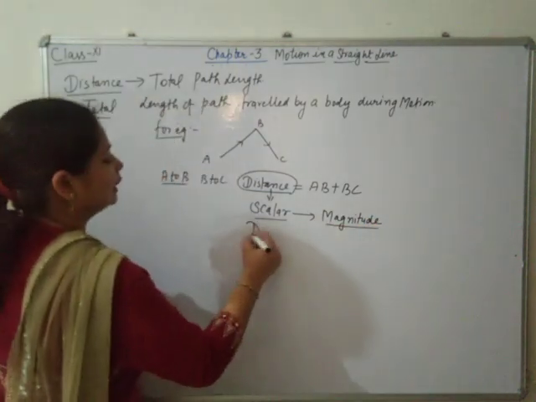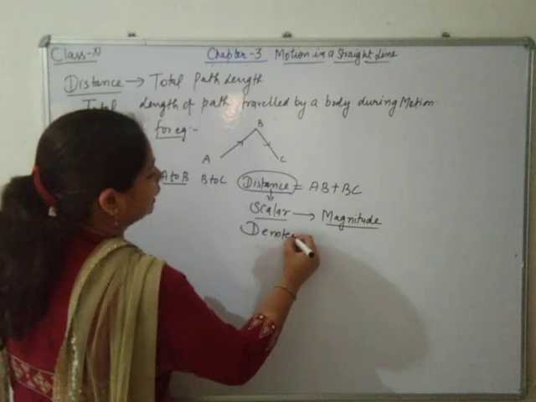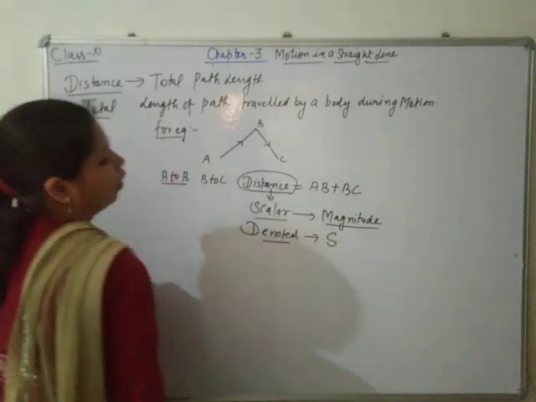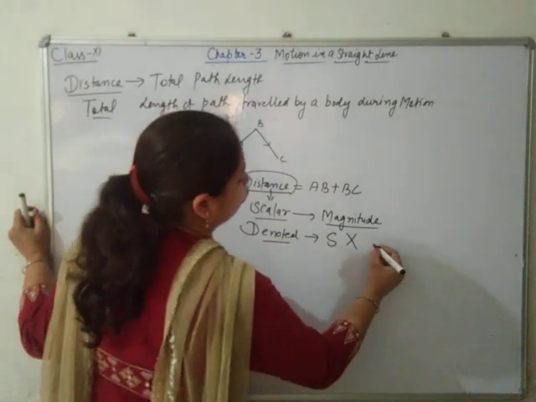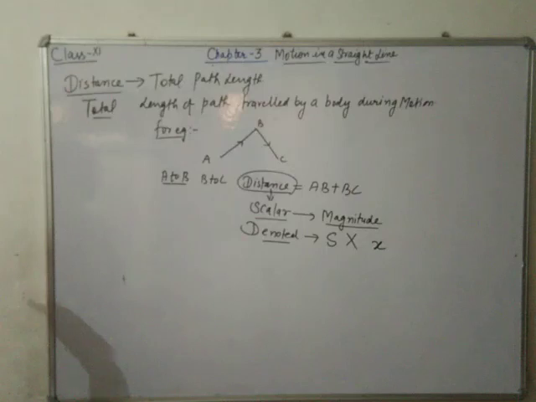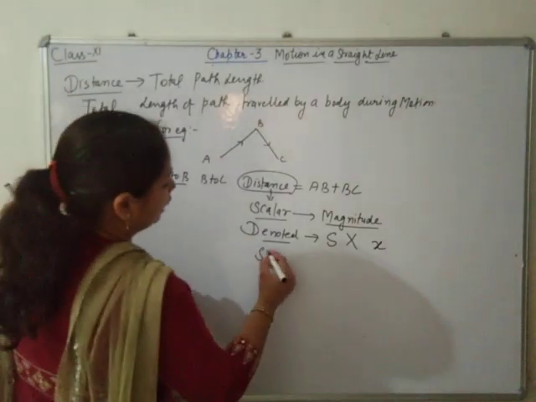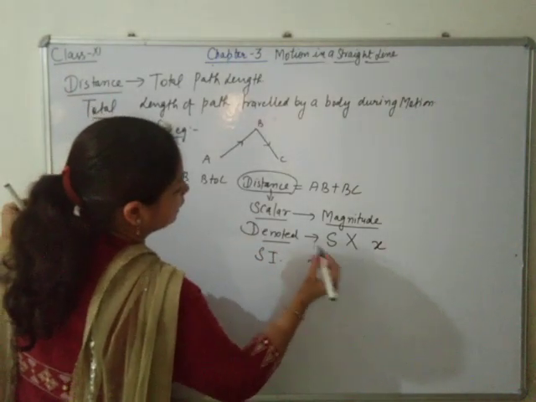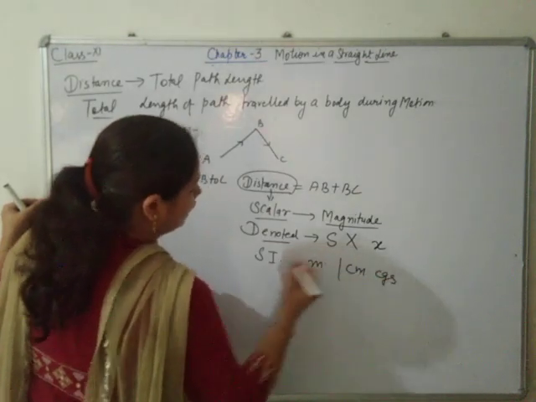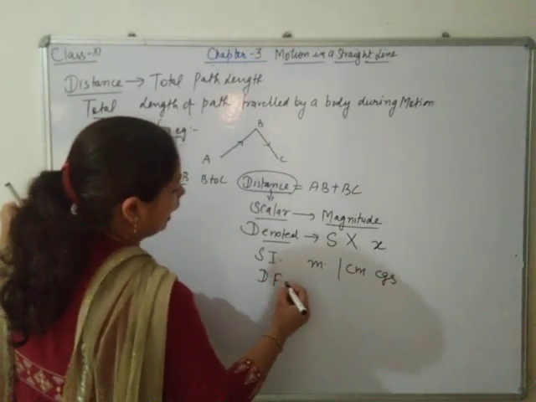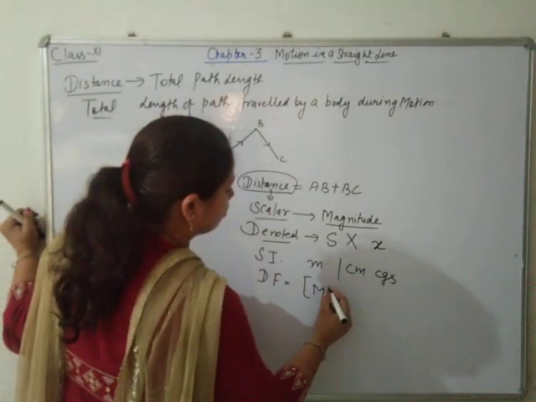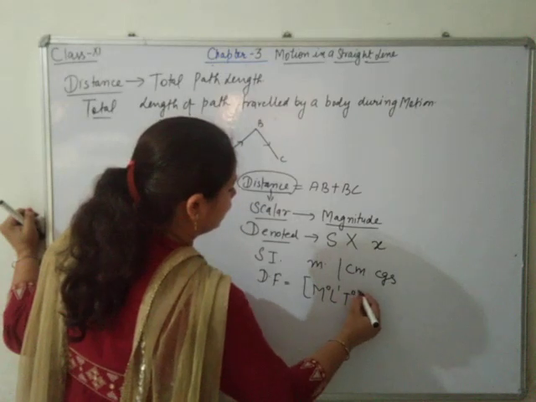Now, distance being scalar, it is denoted by capital letter, either by S or X. Sometimes we denote it by small x. Its SI unit is meter and CGS unit is centimeter. Its dimensional formula, as you know, distance is length, so its dimensional formula is M0 L1 T0.